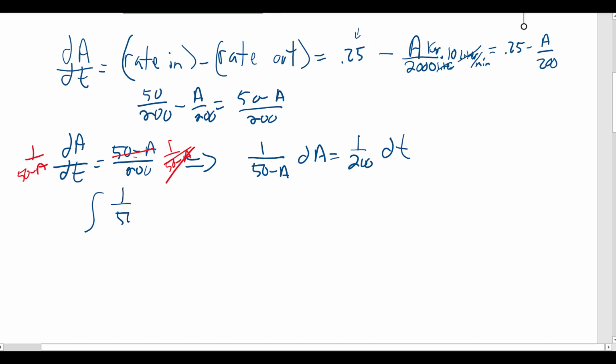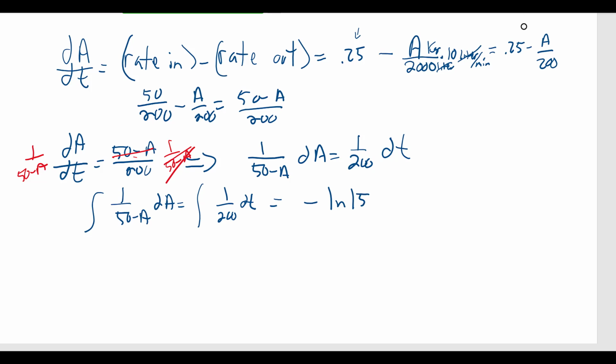The integral of 1 over 50 minus A dA equals the integral of 1 over 200 dt. We end up with the negative natural log of the absolute value of 50 minus A, negative because you have a minus A and that derivative would have been a negative 1, equals t over 200 plus some c1.